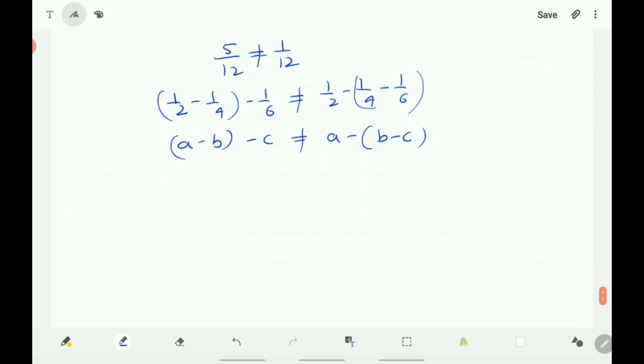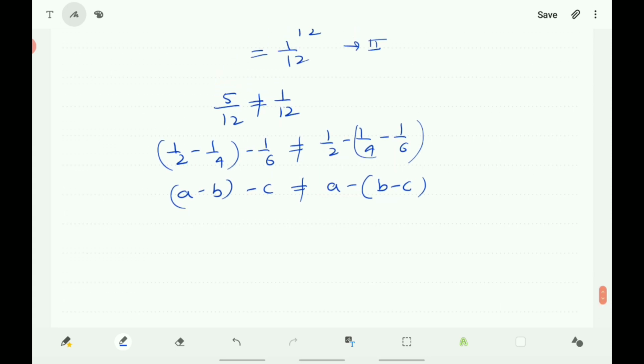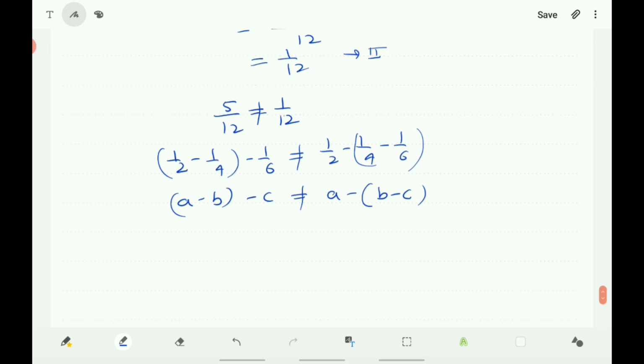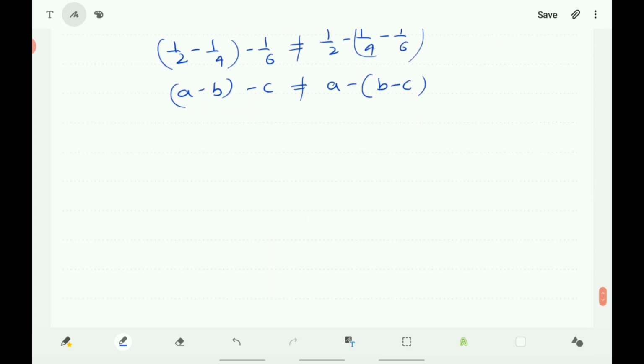Therefore, subtraction is not associative for rational numbers. So it is also not associative for whole numbers and integers. Therefore, as the subtraction is not associative for rational numbers, it is also not associative for whole numbers and integers.